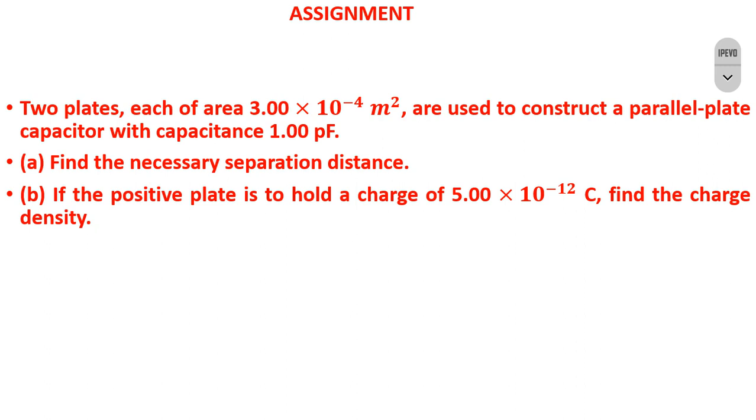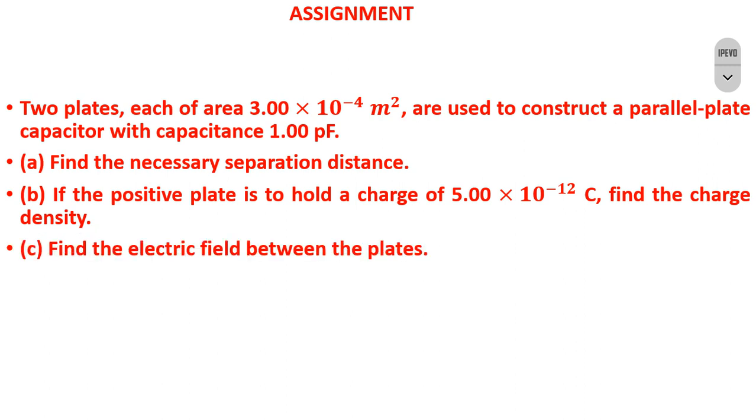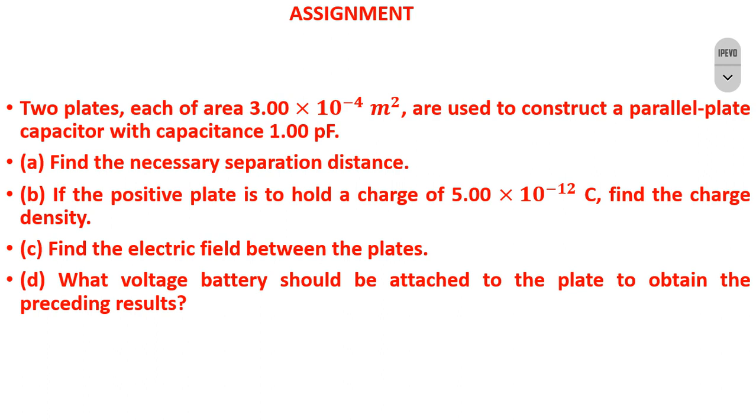If the positive plate is to hold a charge of 5 times 10 to the power minus 12 coulomb, find the charge density. This one says, find the electric field between the plates. And this one says, what voltage battery should be attached to the plates to obtain the preceding result?